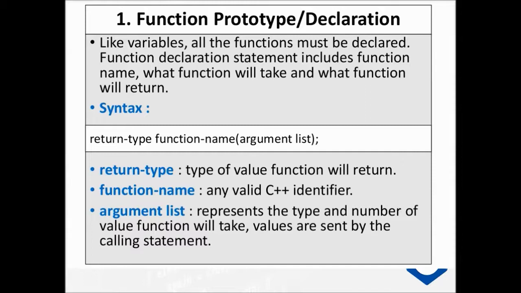The parameter list is a list of variables that hold the values being passed to the function. Another part of a function is the body of the function. The body of a function is the set of statements that perform the function's operations. They are enclosed in a set of braces.